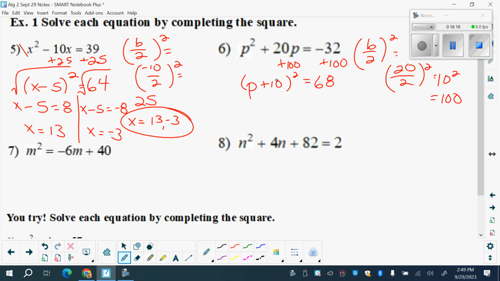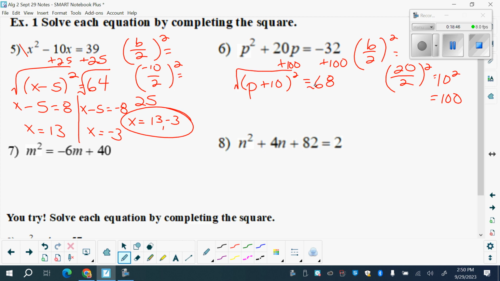So the 10 is when we're factoring this p squared plus 20p plus 100. So an easy way to do that is half of that 20, or square root of 100. Okay, what next to solve it? Did you have a question? It would just be p plus 10 equals 2 square root of 17.